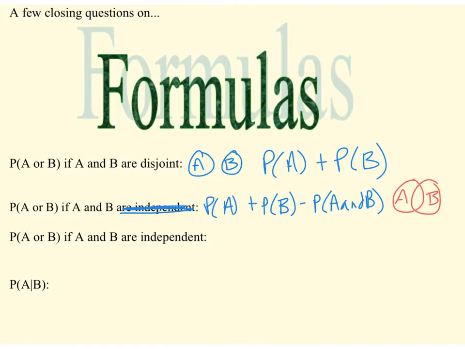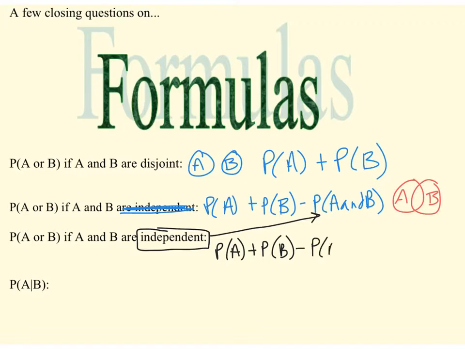Now, if they're independent, remember, independence gives us the ability to find the probability of A and B through multiplying. So we could do probability of A plus probability of B minus the probability of A times the probability of B. Like that.